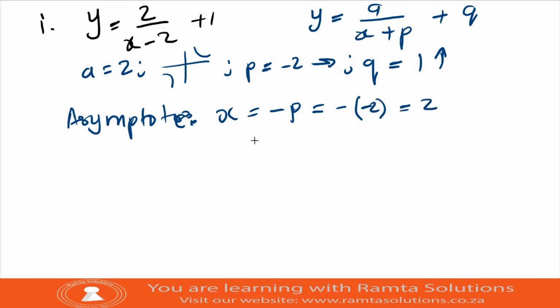This means x equals 2, because this graph has shifted to the right. Now, y equals q. What is q? Q is 1. So y is equal to 1. We are done with the equations of the asymptote.